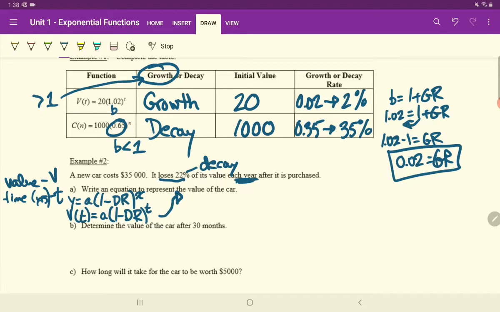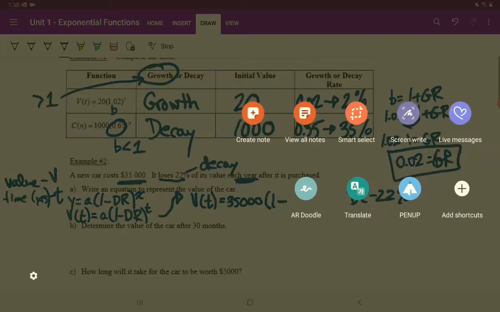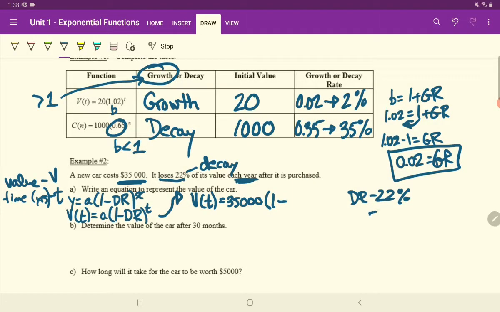Okay, let's plug in our values if we're losing 22%. So v at t equals my initial, so my a value, my initial is 35,000. Okay, so 35,000 times 1 minus my decay rate, which is 22%. As a decimal, however, that is written as 0.22.